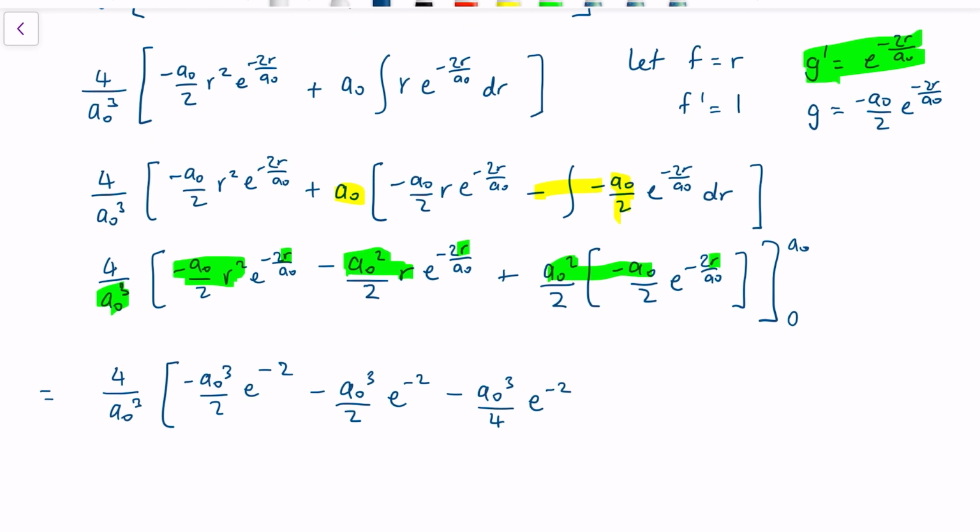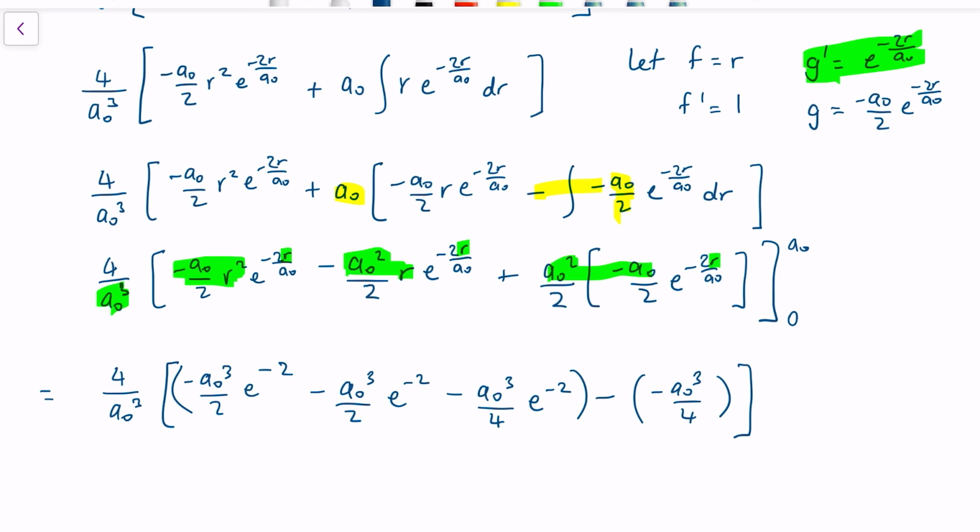Okay, and then we sub in 0, because that's the first substitution. Take away, sub in 0. The first term disappears because it's got an r squared in there. Second term also disappears, and the third term is minus a naught cubed over 4 e to the 0, which is 1. So we're left with a term there, like I was saying, 0 didn't cancel everything.